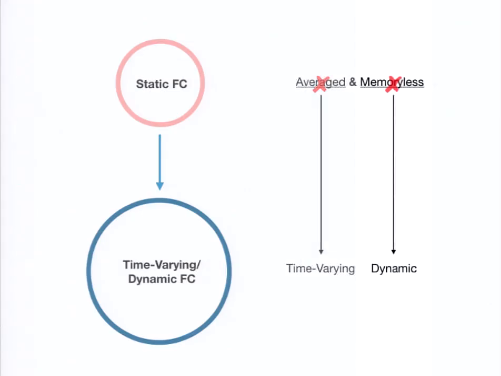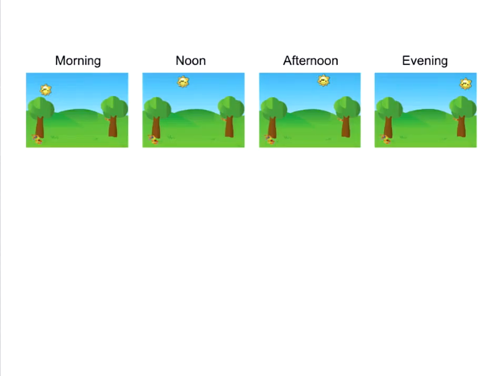To understand the distinction between the two, let's use a small toy example, and let's assume that we are astronomers provided with a sequence of different snapshots of the sun in the sky at different moments in the day. And we know that the first one was taken in the morning, the second one at noon, the third one in the afternoon, and the last one in the evening.